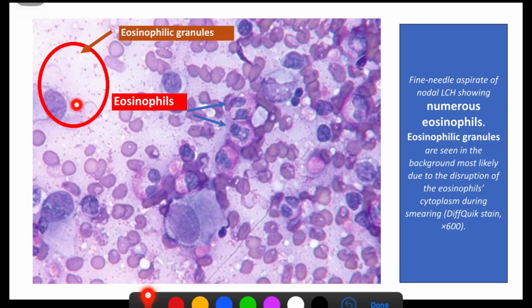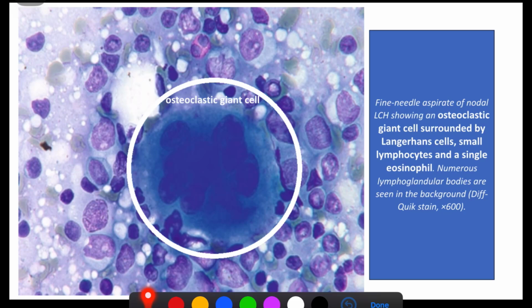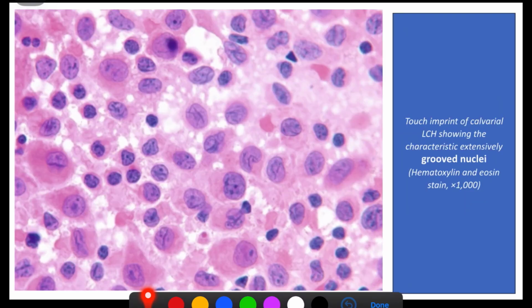And these are the background which shows eosinophilic granules. Smear background shows eosinophils in abundance, and this is the Langerhans cells. Sometimes you can identify this type of large osteoclastic giant cells. These are the Langerhans cells, lymphocytes, granules, eosinophils in the case of Langerhans cell histiocytosis.